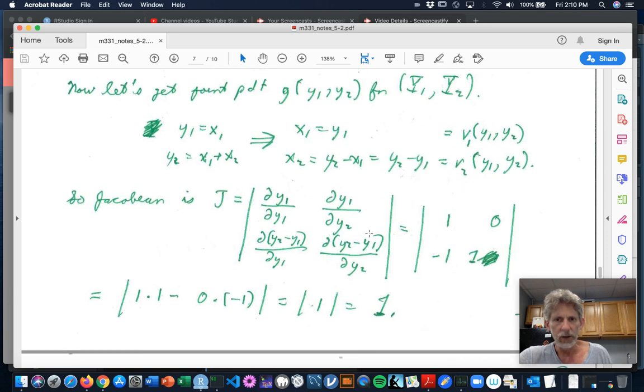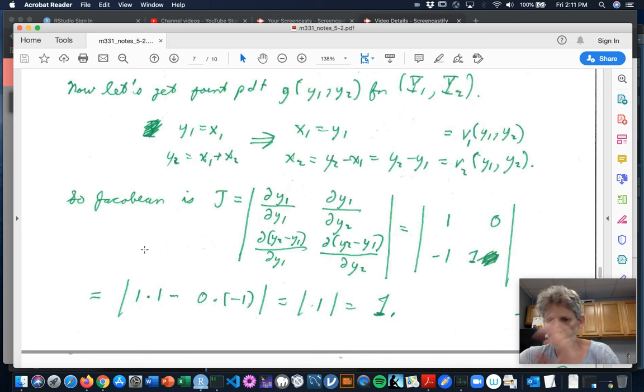And so I can go and grab their partial derivatives, and they turn out to be these numbers this time. Then the determinant is 1 times 1 minus 0 times negative 1, which is just a 1. The absolute value of it is a 1. So the Jacobian's a 1, and the absolute value of the Jacobian is also a 1.